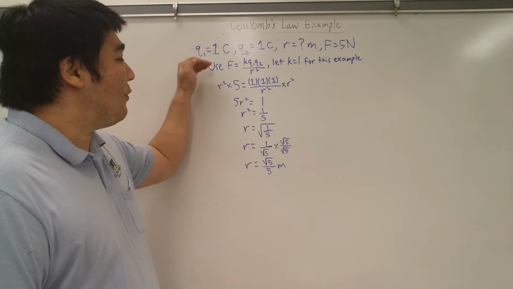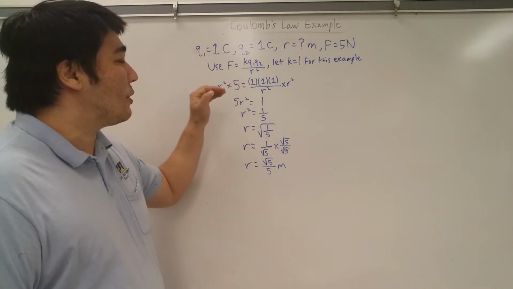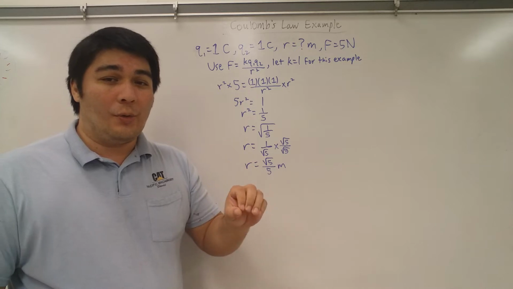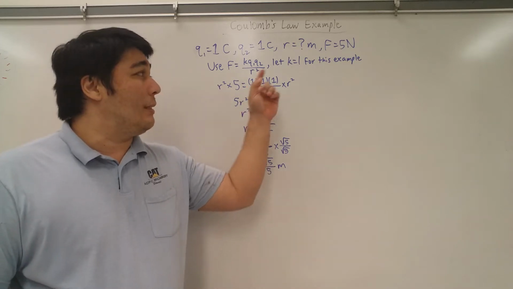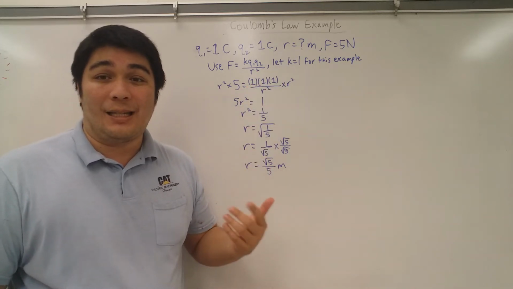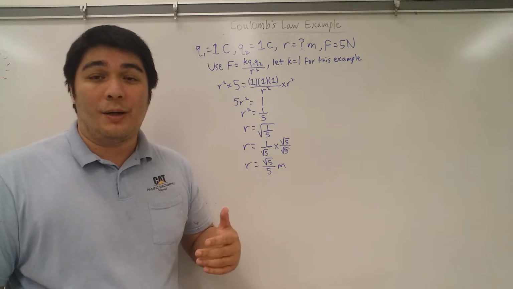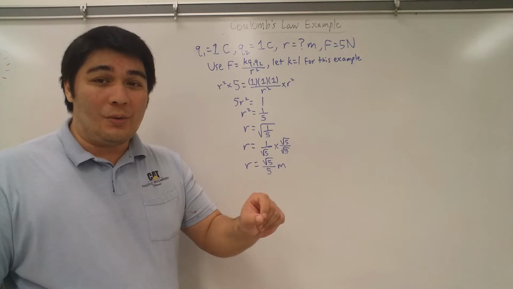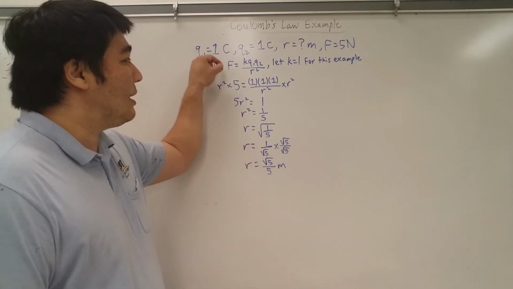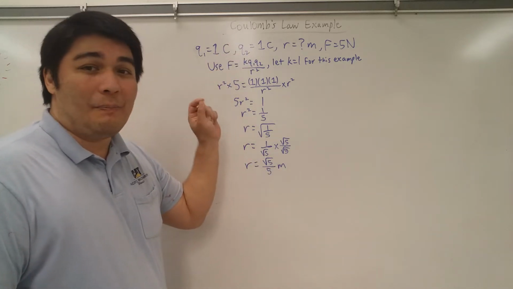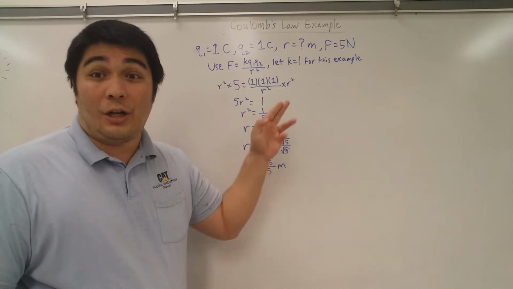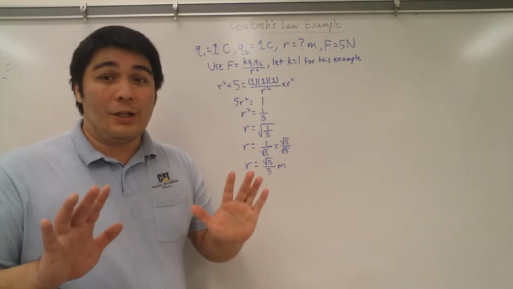So let's do this. We're going to use F equals K Q1 Q2 over R squared, but this time instead of putting in K equals 8.99 times 10 to the 9th newton meter squared per Coulomb squared, I wanted to focus on how you handled this equation and not get bogged down by all that scientific notation and those really large numbers. So I just wanted to make sure that was clear.